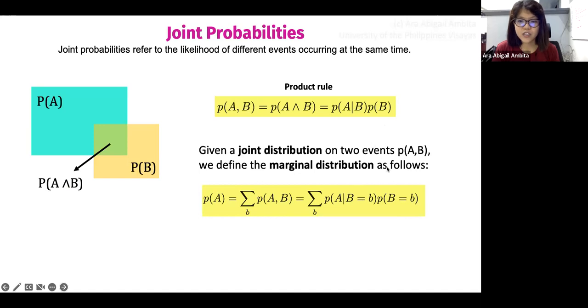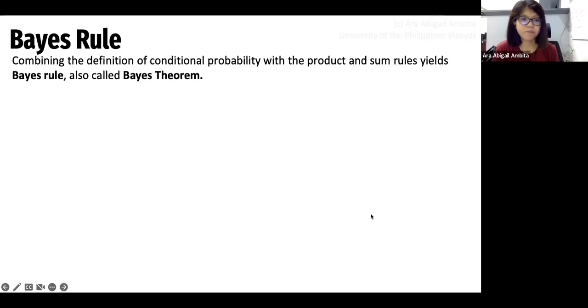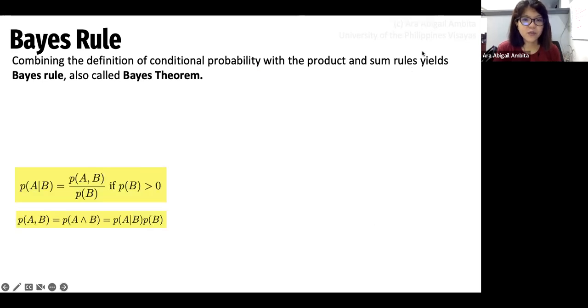Given a joint distribution of two events, A and B, we define the marginal distribution as follows, where we are summing up over all possible states of B. Combining the definition of conditional probability with the product and sum rules yields the Bayes rule, or called the Bayes-Price theorem.